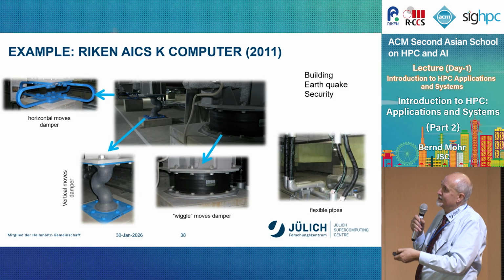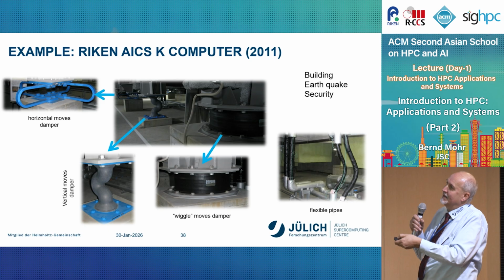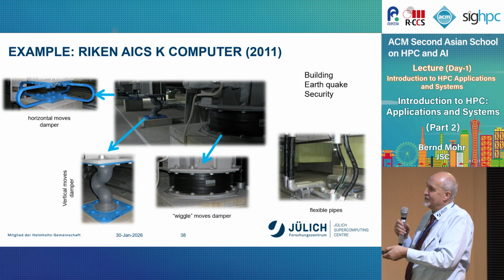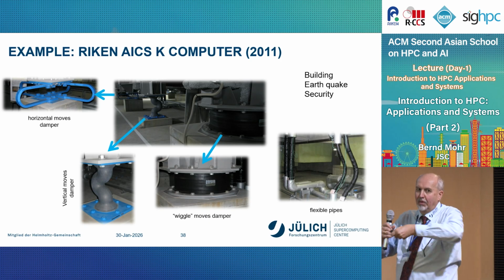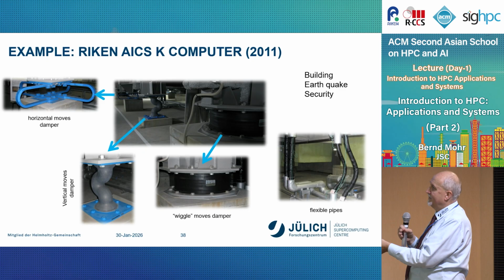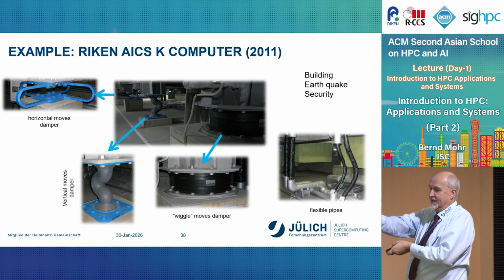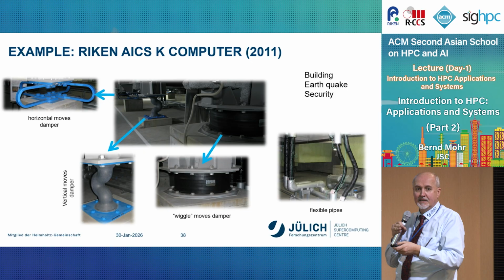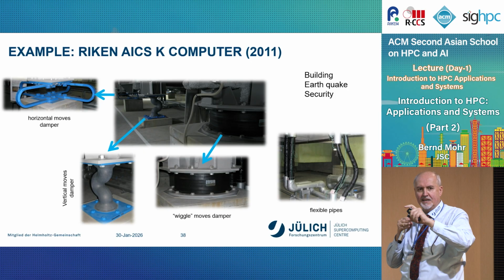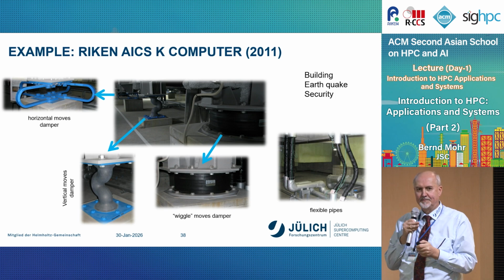My height is about 2 meters, and you have dampers like this. This is rubber, so if the earthquake goes, whoa. This is for up and down movement, and these are for side movements. As far as I know, the building can withstand a 7.5 earthquake.